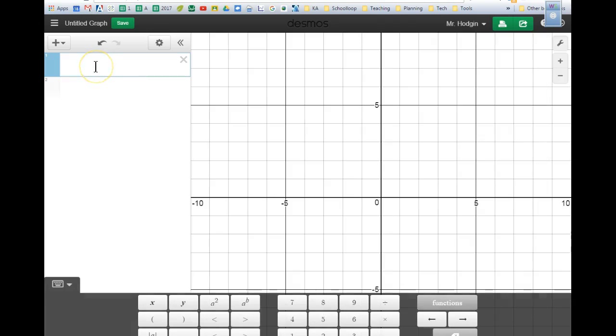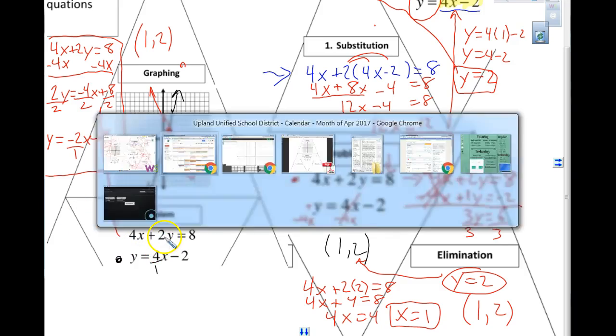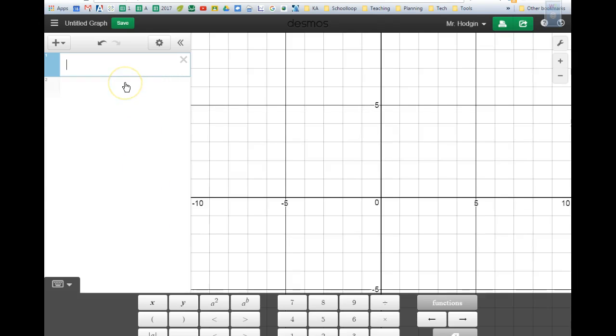All right. So if we take those two equations, what are they again? Let's see, 4x plus 2y equals 8. So we got 4x plus 2y equals 8.